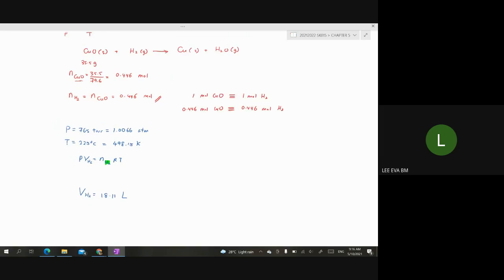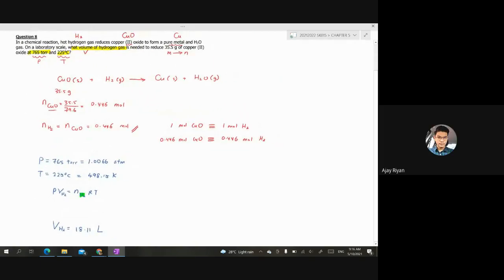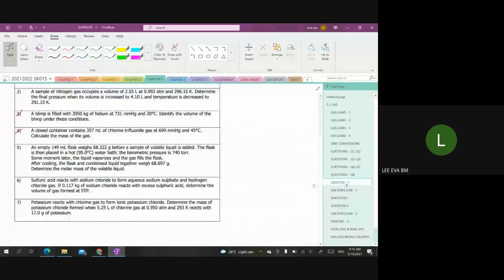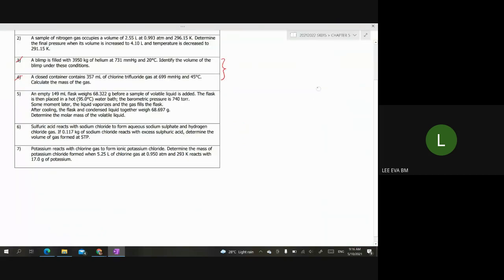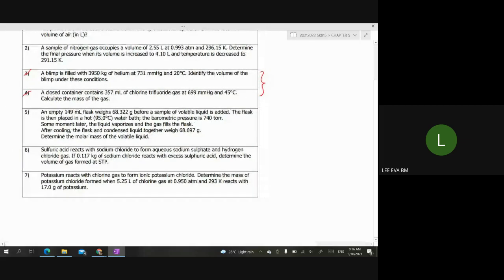Okay. So are you happy until question number 8, the examples given here? Yes, madam. Boleh ya? Okay. So madam bagi kerja dulu untuk subtopik ini sebelum kita masuk Dalton's Law. Madam tak nak bagi kerja banyak lah. Tapi sebenarnya buat lagi banyak lagi bagus. But don't worry, all the answers will be uploaded into your Google Drive after you submit.